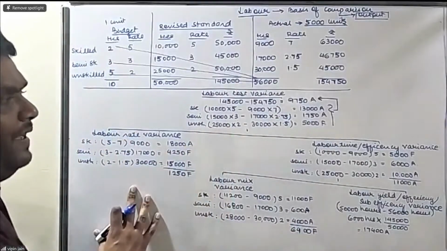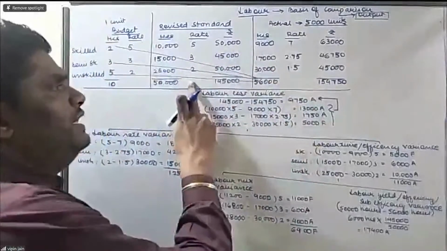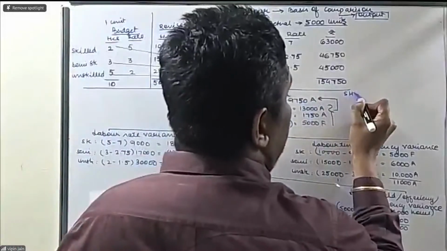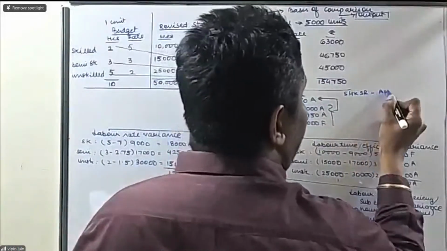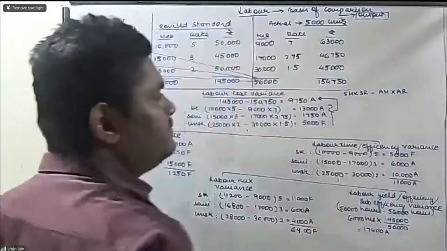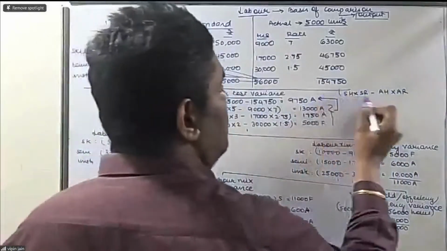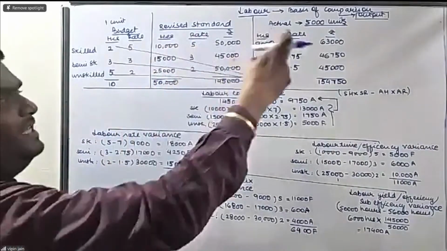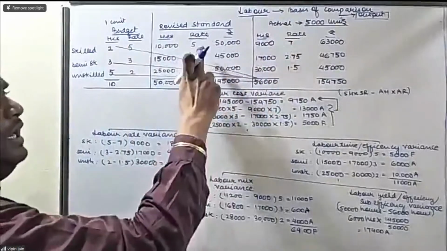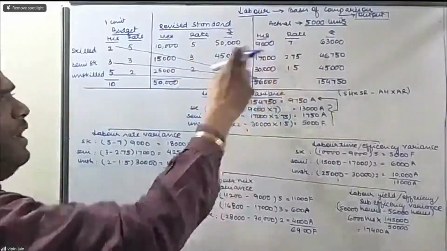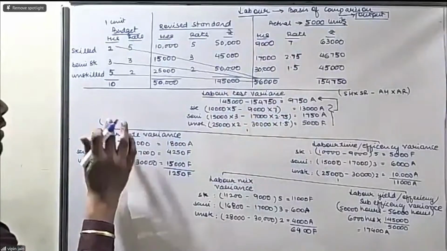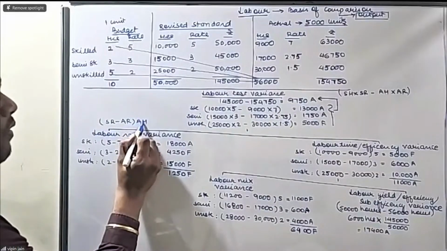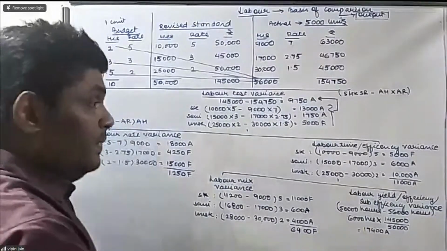Again, when talking about the cost variance in material, it is standard quantity into standard price minus actual quantity into actual price. So here also it is standard hours into standard rate minus actual hours into actual rate. In case of rate also, standard price minus actual price into actual quantity, so here it will be standard rate minus actual rate into actual hours.